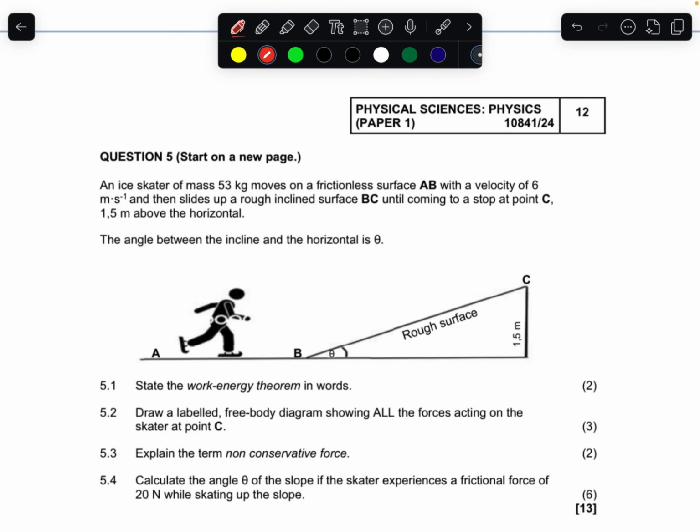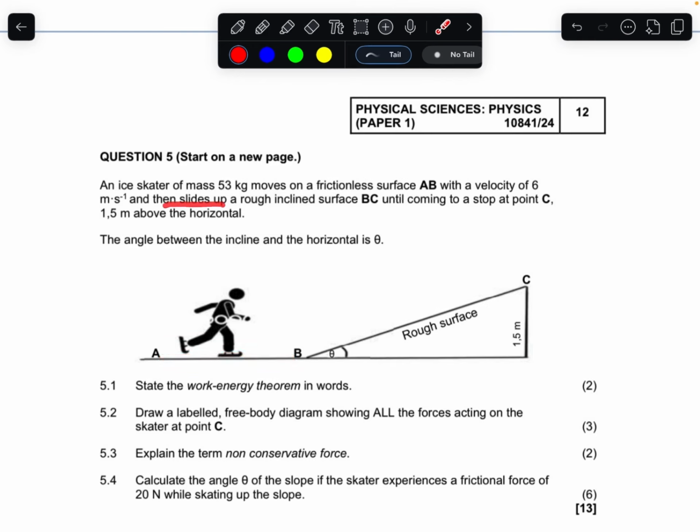Let's look at question 5 now. Question 5 is a work, energy, and power question. An ice skater of mass 53 kg moves on a frictionless surface AB with a velocity of 6 meters per second.